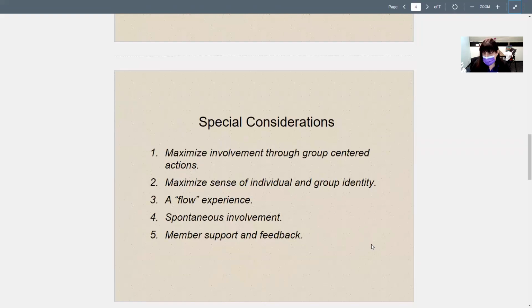Special considerations are necessary when you want to create a support group. You want to definitely maximize involvement through group-centered activities or actions.